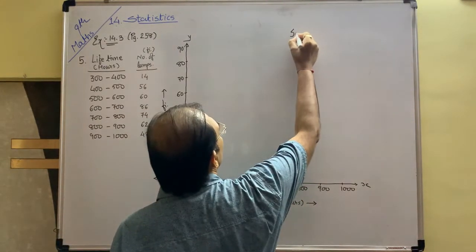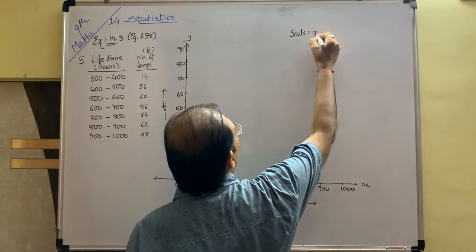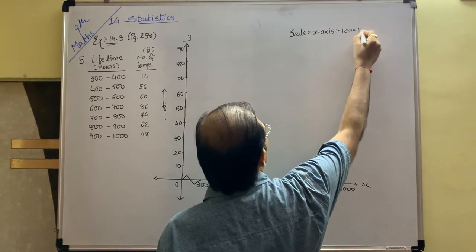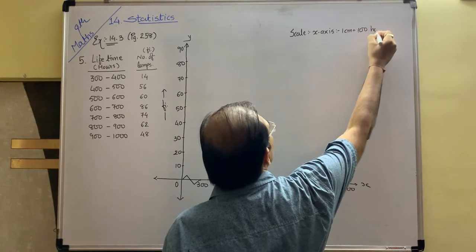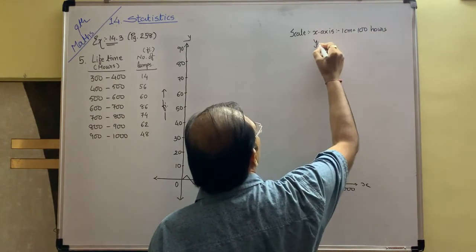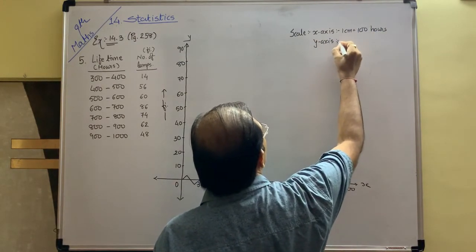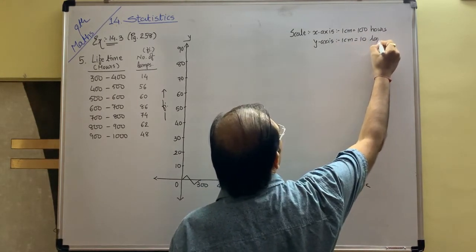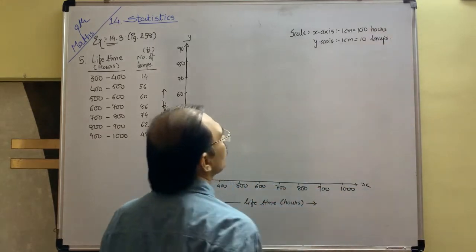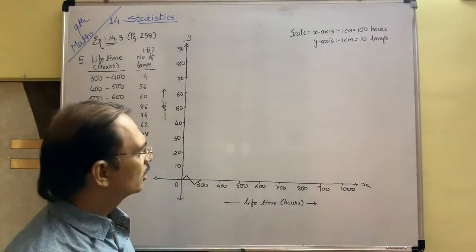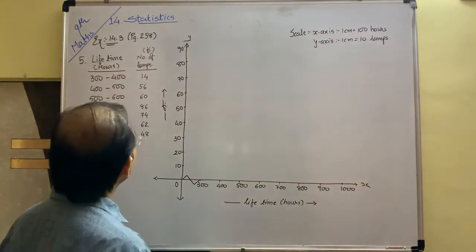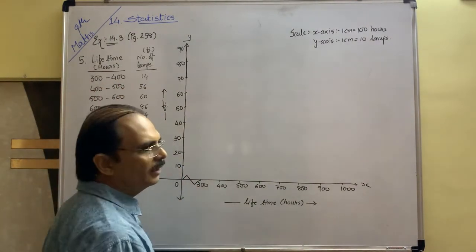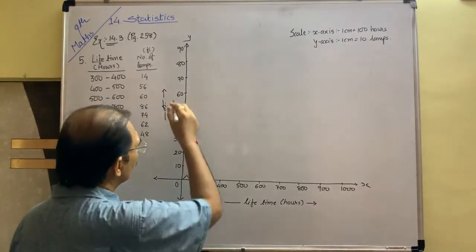The scale is what? On the x-axis, 1 centimeter equals 100 hours, and on the y-axis 1 centimeter equals 10 lamps. So this is your scale. Now see, 300 to 400, that we have, but you have to find the 14 from here.